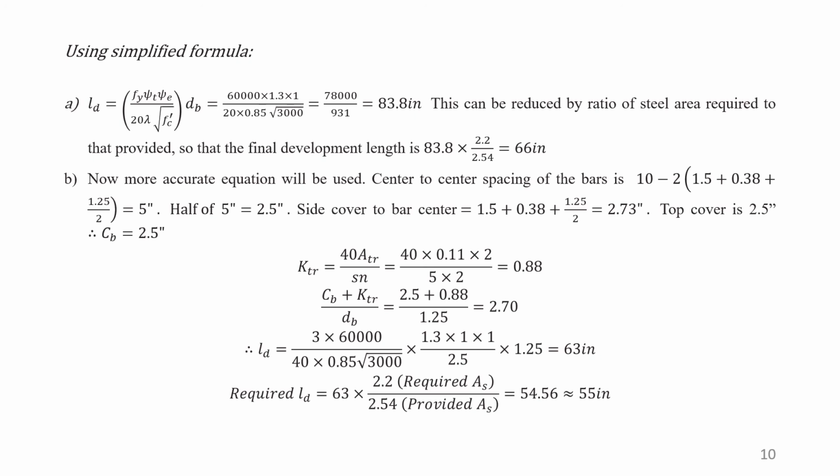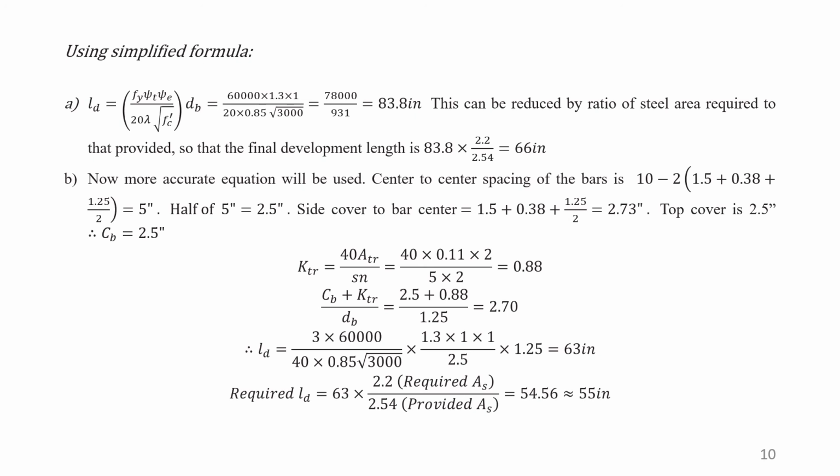And LD is, now we have to put 3 into 60,000, the steel strength, and 40 is the factor, 85 is the lambda factor, and remember 3000 is the concrete strength, and 1.3 is for a top bar, and there is no epoxy, no painting, that's why this is 1, and the diameter of the bar is 1.25, I'm sorry, divided by 2.5, and 40 into 8.5, these are the values required for the formula.